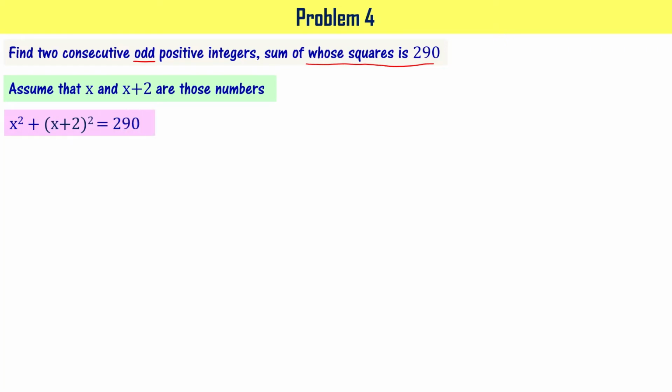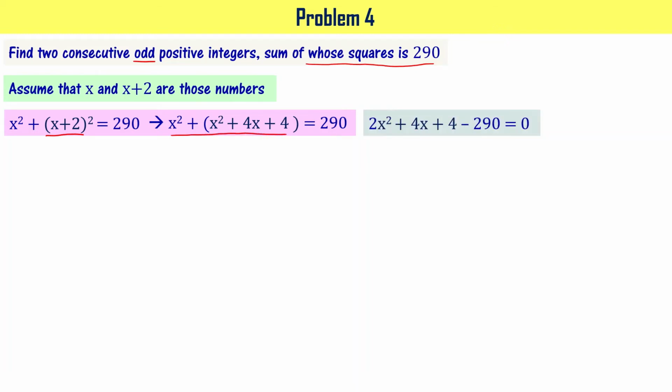Let's write that. We can expand x plus 2 whole square using a plus b whole square formula, right? When you do that, you will get it as x square plus 4x plus 4. Now I can simplify this and write it as 2x square plus 4x plus 4 minus 290 equal to 0.